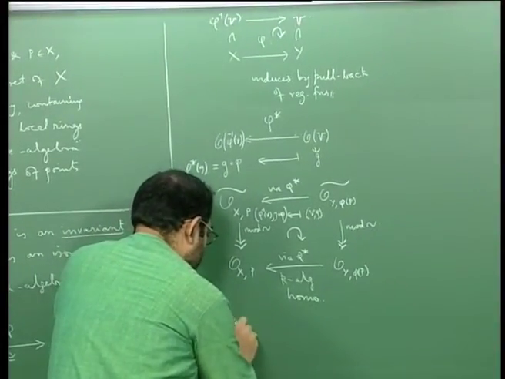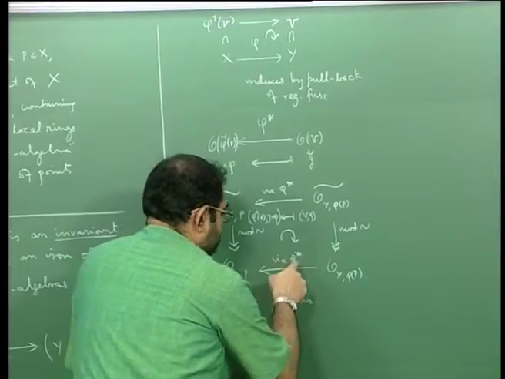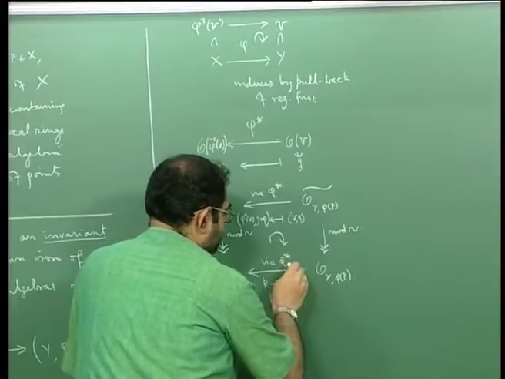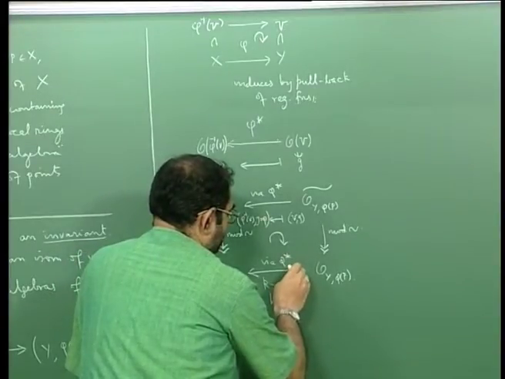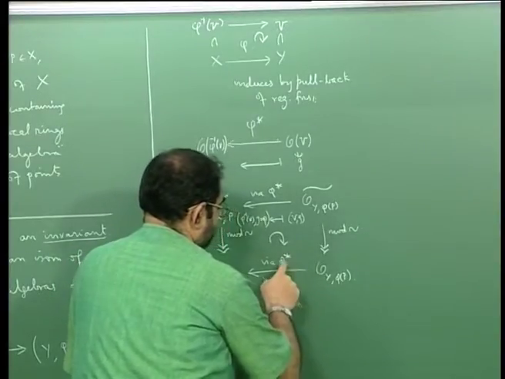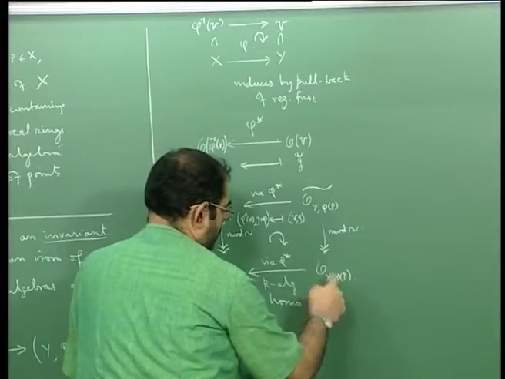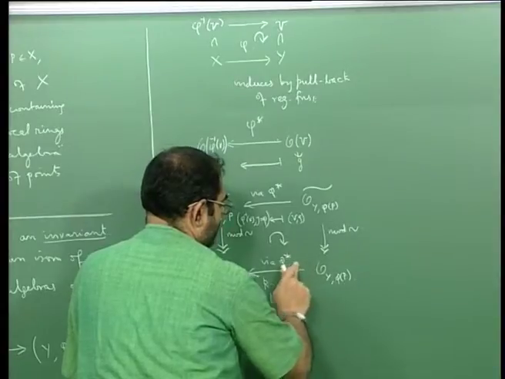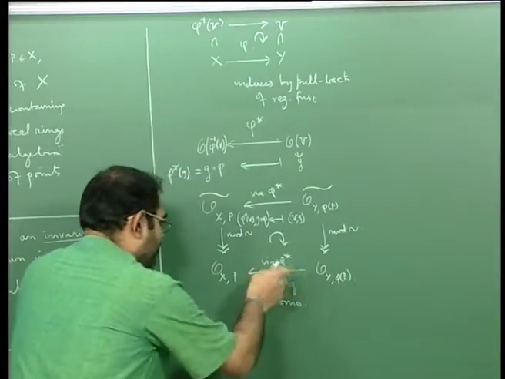So this map via phi, I'll call phi star, going down to the point phi p. Let me not complicate the notation.